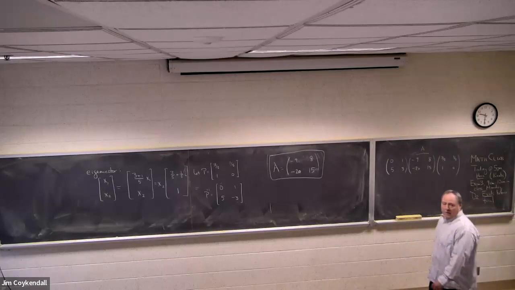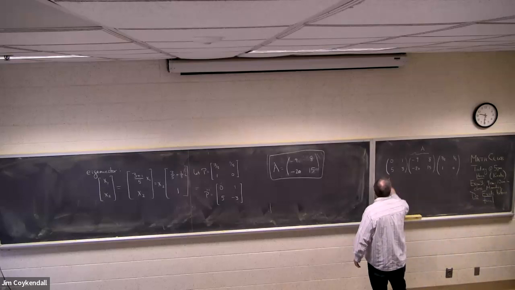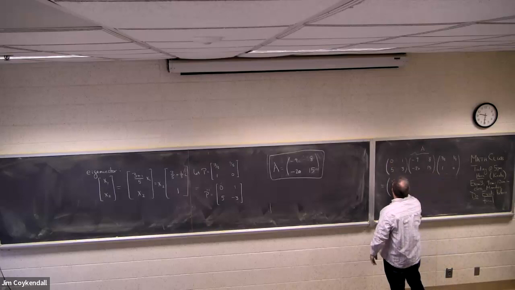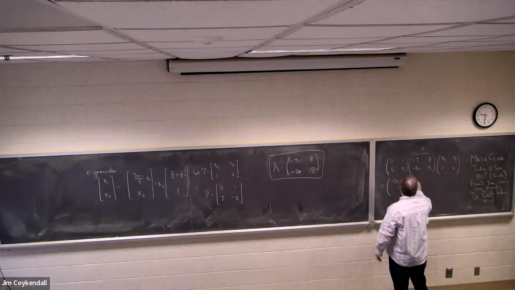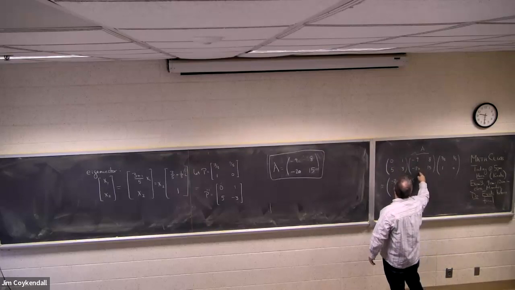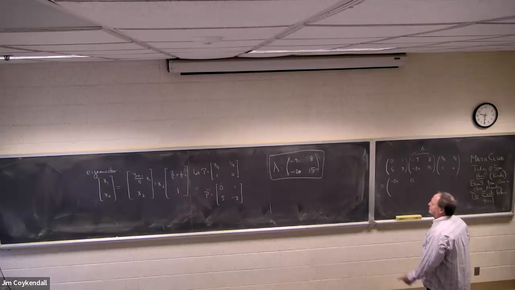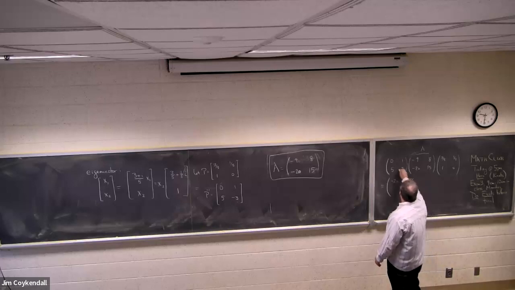Look at this here. Let's kind of go through this. The first entry, we get 20, we get 10, minus 45, minus 60. Right? That's because that's a minus 50.